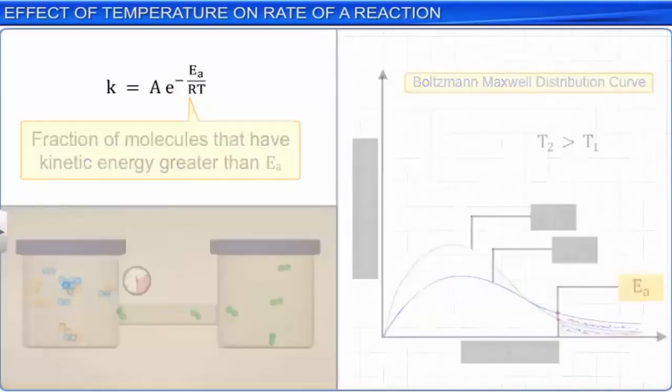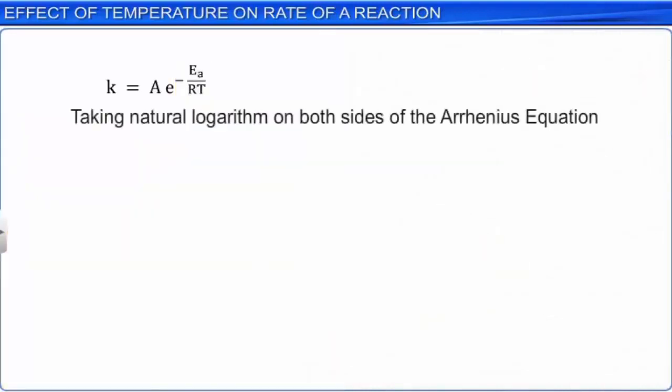Taking the natural logarithm on both sides of the Arrhenius equation, we get log to the base e of K equals minus Ea by RT plus log to the base e of A. Let this be equation 1.